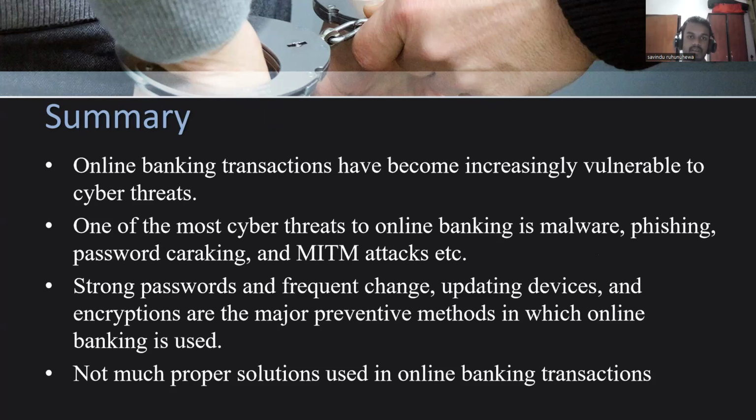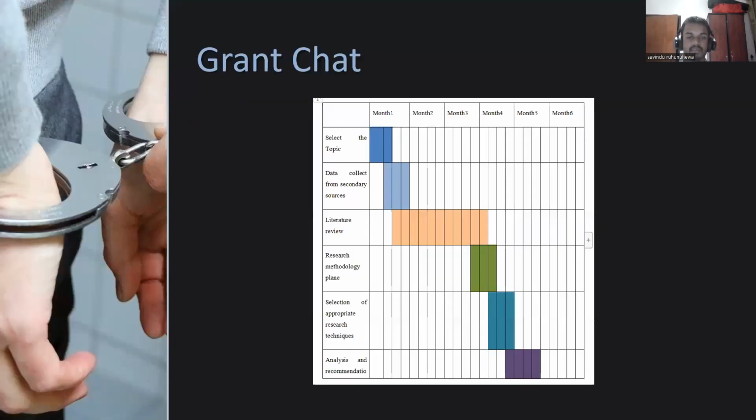Cybercriminals use fraudulent emails and websites to trick customers into disclosing their login credentials, personal information, and financial details. Another common threat is malware, which can infect users' devices and steal sensitive data or manipulate transactions. Now we will move to the next slide.